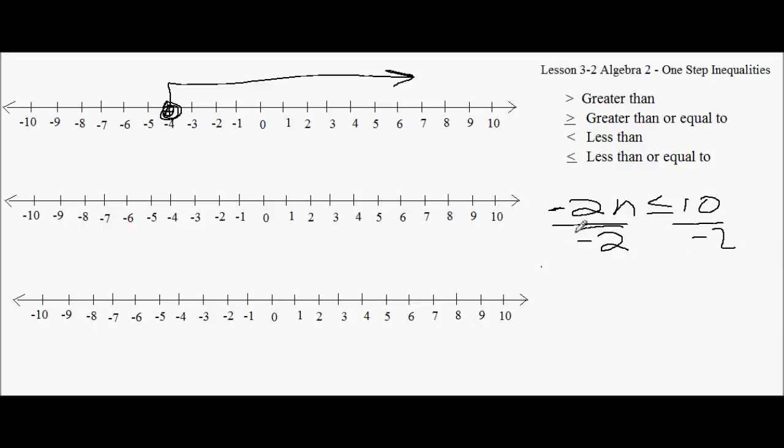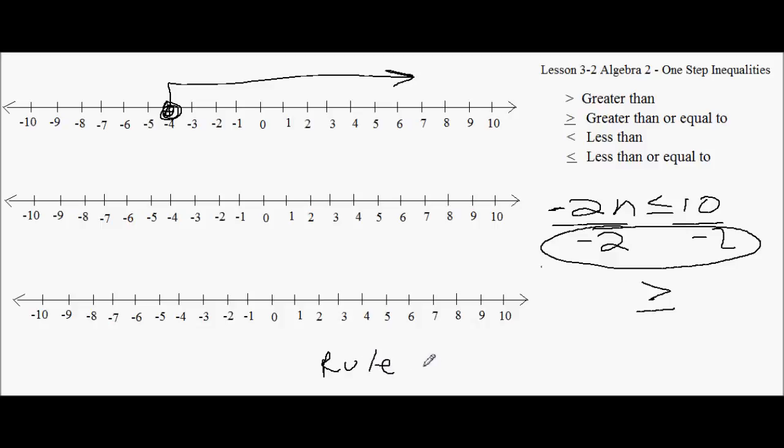This introduces a quality of inverting the inequality, because I've just introduced a negative to both sides of this inequality, so I have to invert the inequality. That's an important rule.